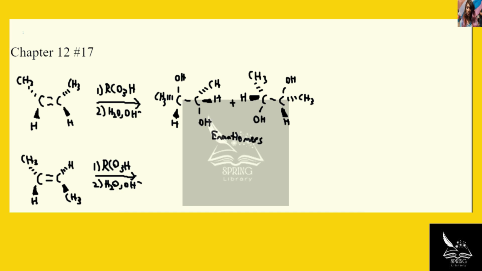When we do the same anti-dihydroxylation on trans-2-butene, we only get a single molecule. So we put this OH group up and this OH group down. And then again, our other groups are not going to change.